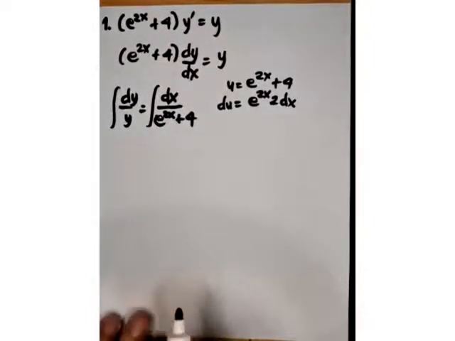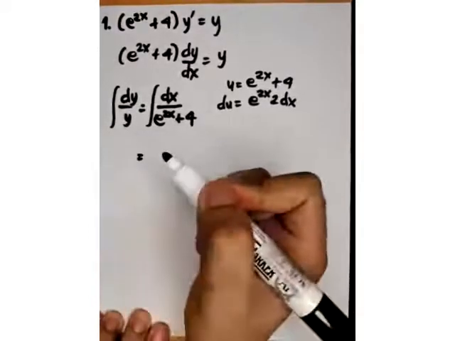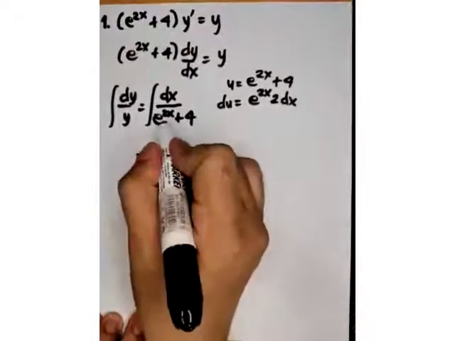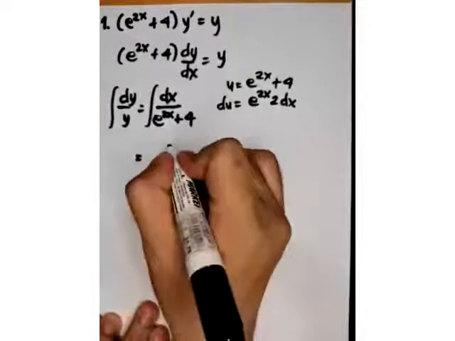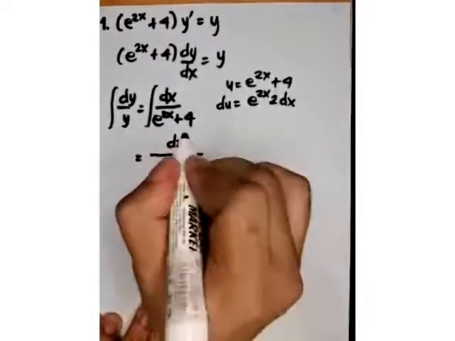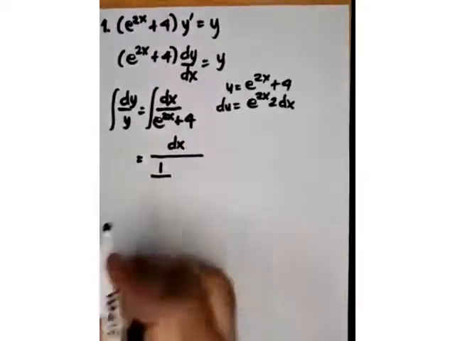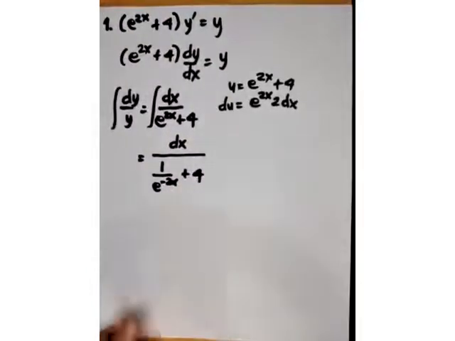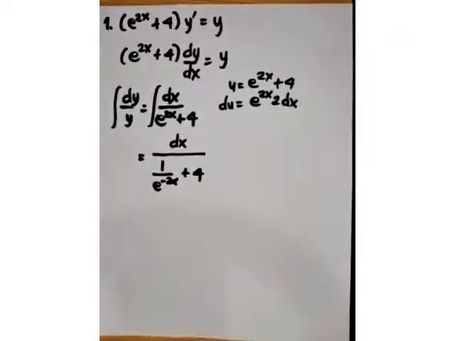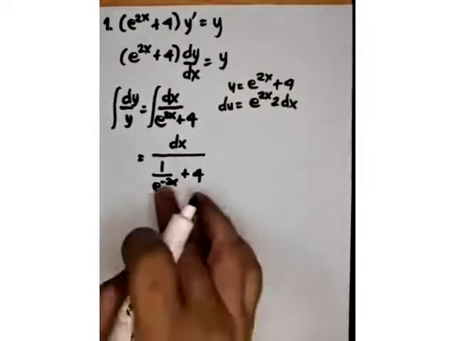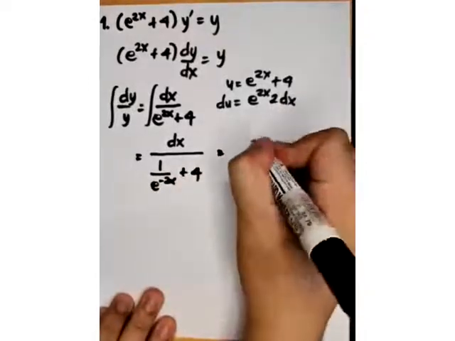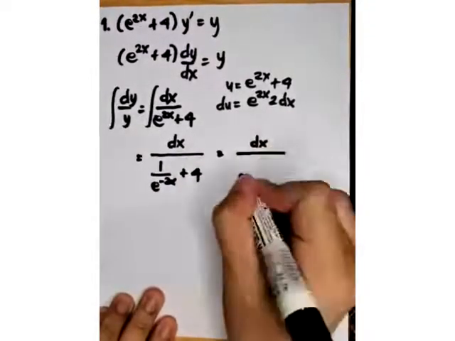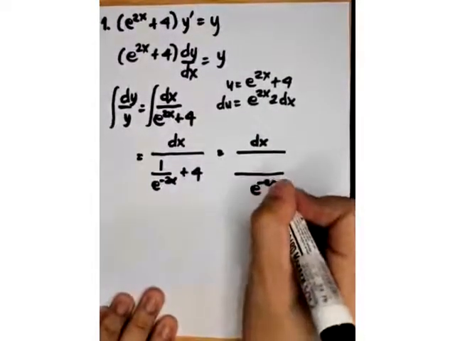So what they will do is bring down the e raised to 2x. So dx over 1 over e raised to negative 2x plus 4. Okay? And then they add the denominator, so they get the LCD. The LCD is e raised to negative 2x.